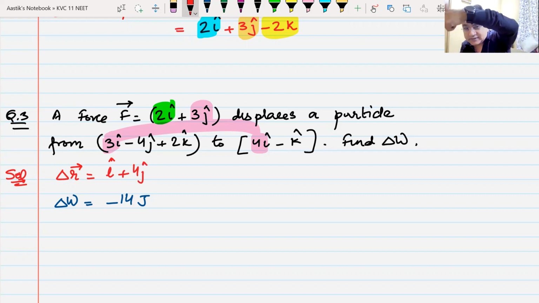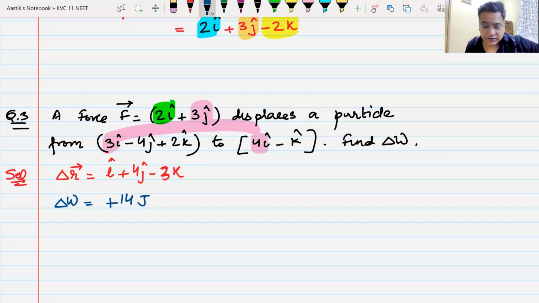Then from minus k, I have to subtract minus 2k, so it becomes minus k minus 2k, so it becomes minus 3k. So the answer instead of minus 14 will come as plus 14 joules.